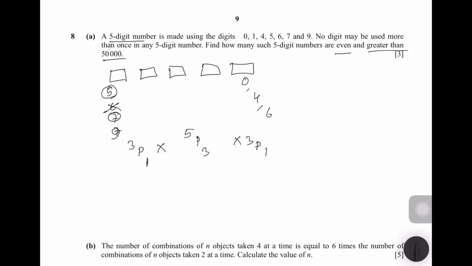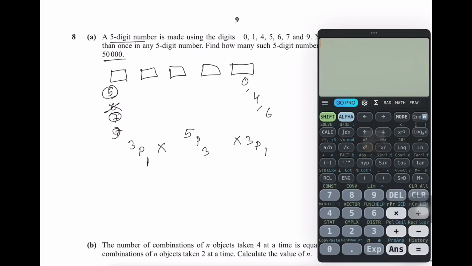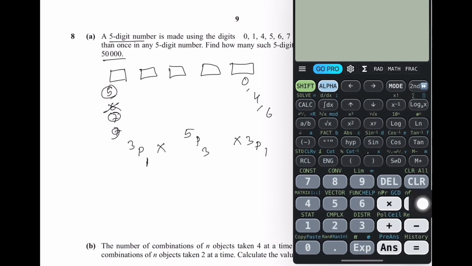If I use calculator, it is becoming 3 into 3 into 5P3. So it is becoming 540 here, 540.